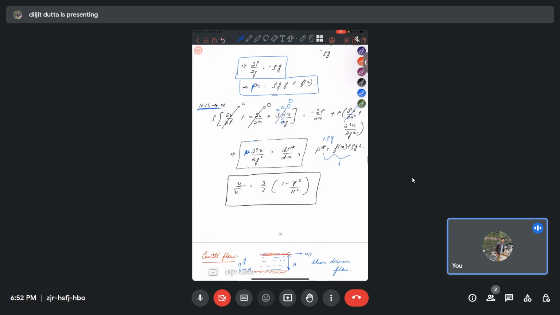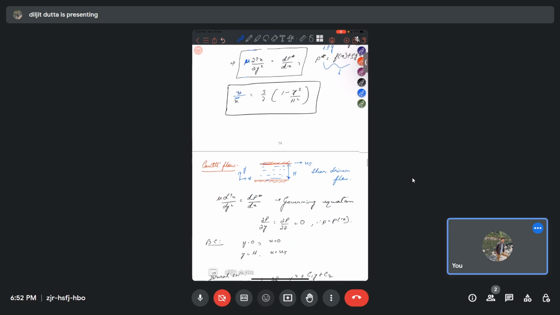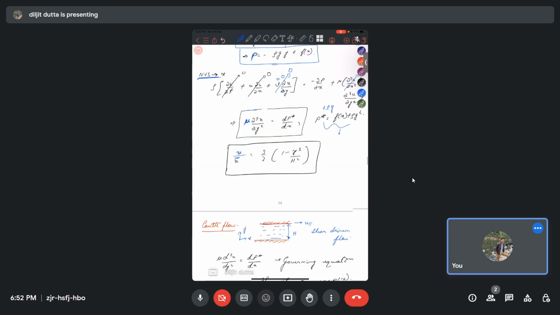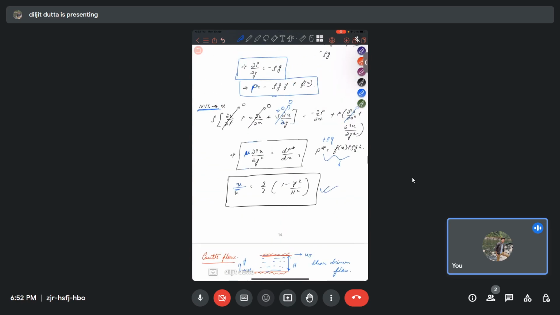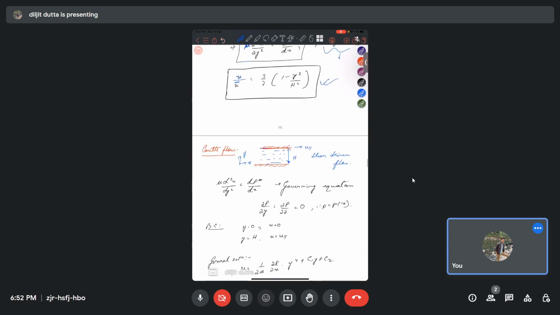So you will get this equation, and finally we get the velocity u with respect to average velocity as 3 by 2 into 1 minus y square by h square. So this is the equation of the flow that we obtained.